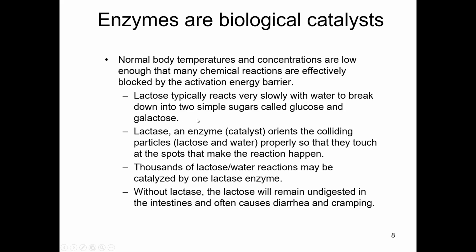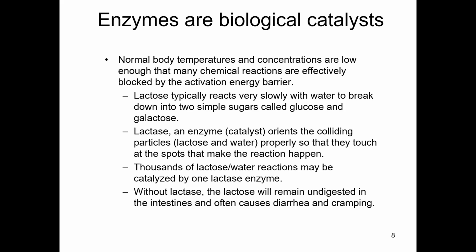We are looking at an example here to illustrate what happens when an enzyme is not doing its job. Our example is in the digestive system. When we consume dairy products, we consume this sugar, lactose.